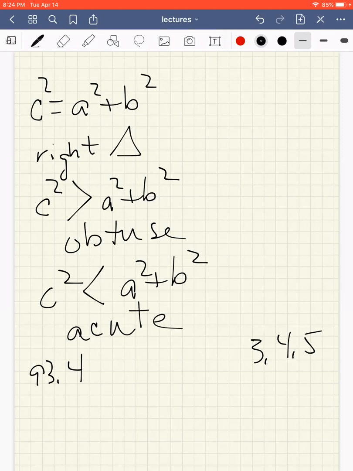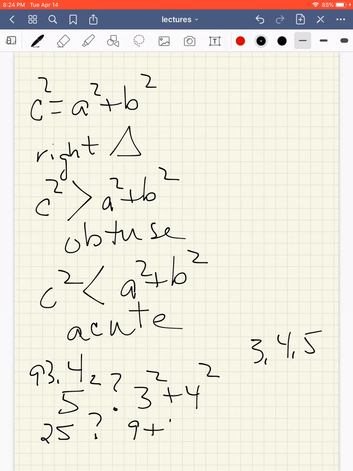It has to go in for C. So C squared is going to have some relationship to 3 squared plus 4 squared, and that's going to determine whether it's right, acute, or obtuse. So this is 25 has some relationship to 9 plus 16. Well, 25 is equal to 25, isn't it? Therefore, this is a right triangle.